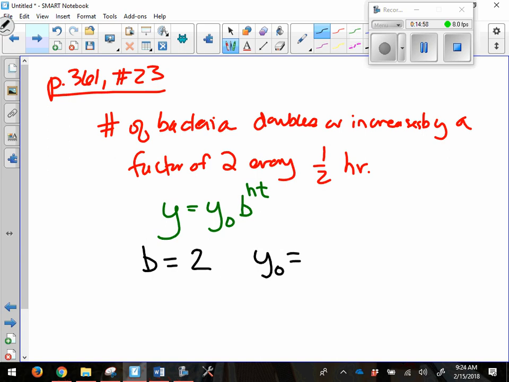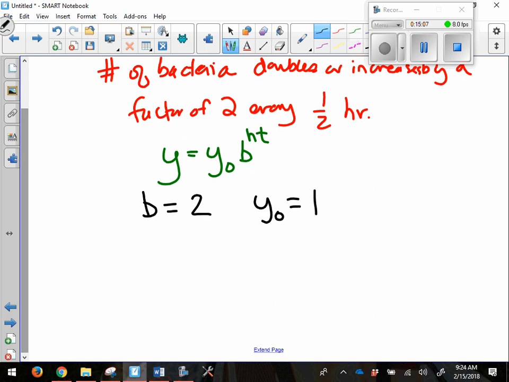y0 is the number of bacteria we start with, which is how many? 1. That's what the problem tells us. And then the only tricky thing that's left is h.